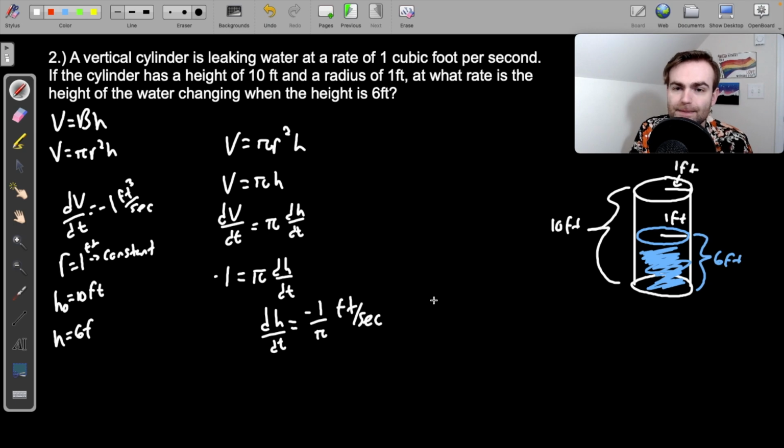And why does that necessarily make sense? Well, we know that it's losing 1 cubic foot per second. We know that the entire cylinder itself only has 10 pi cubic feet in volume, and if the volume is going down 1 foot per second, then that leaves us with a very direct and very almost simple relationship between the height and the volume, and that is why we have such a simple answer there.